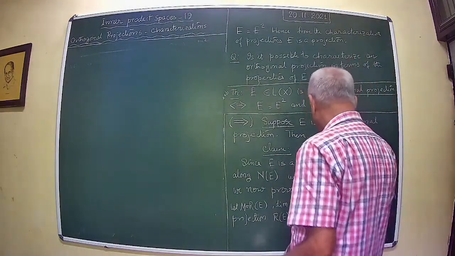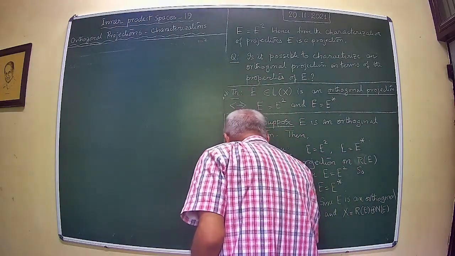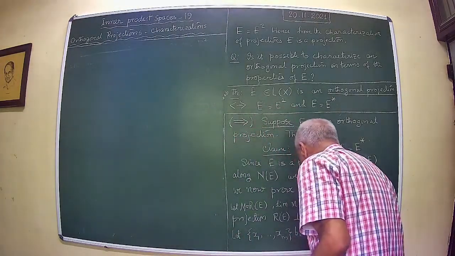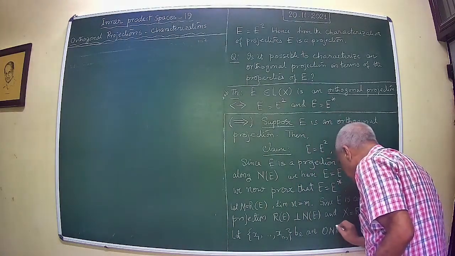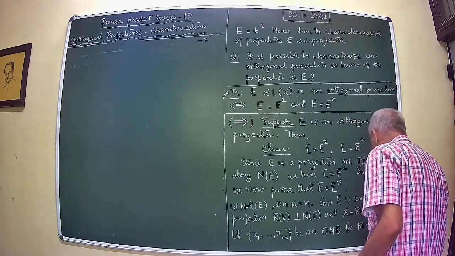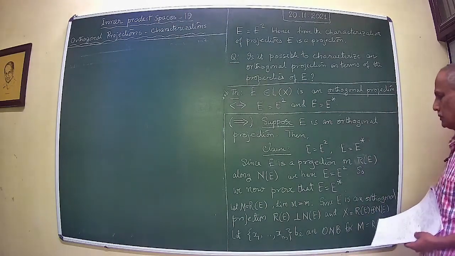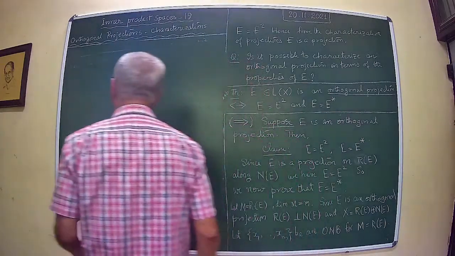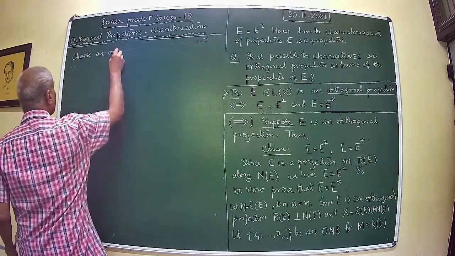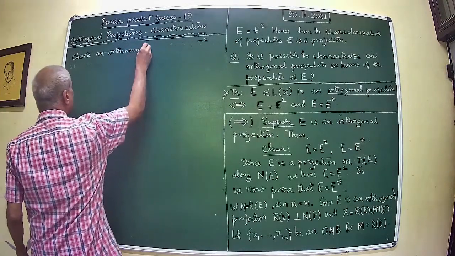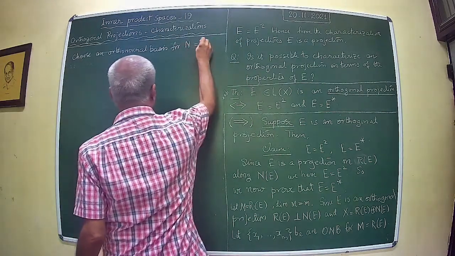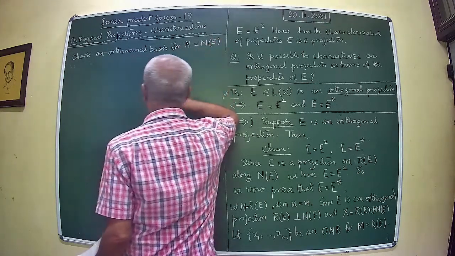Therefore, let us now write, let x1, ..., xm be an orthonormal basis for M, which is equal to the range of E. Now choose a basis for the complementary subspace.